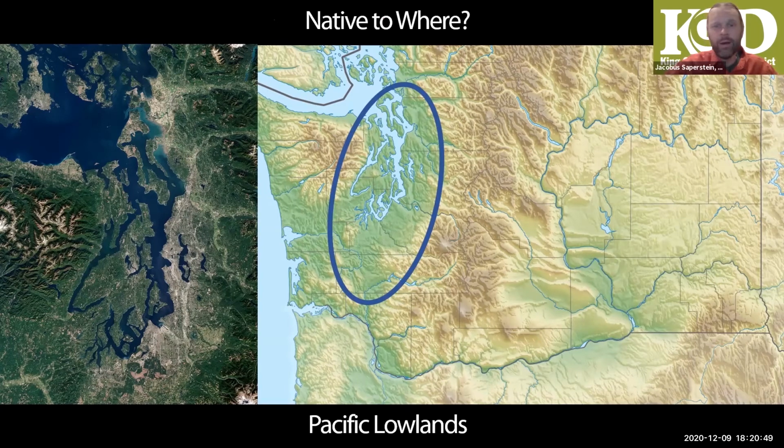These are plants that are going to do well for probably the majority of you on this call living in the lowlands of Puget Sound. The plants that I'm recommending will work well in these areas, but maybe not so well if you live at really high elevations, or on the east side of the state, which has very different climate conditions. So that's really where this talk is focused.